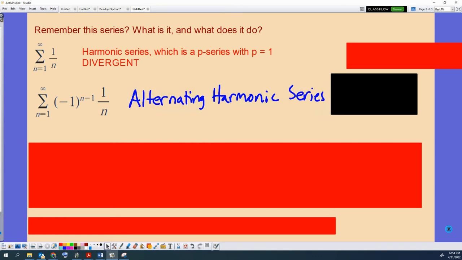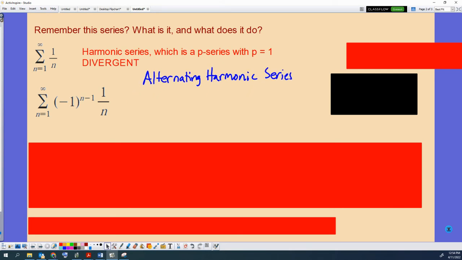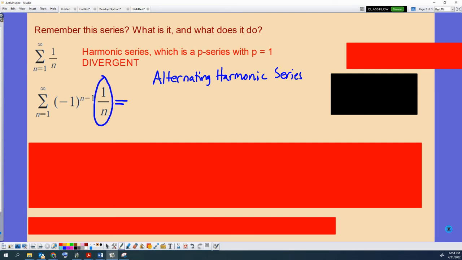Okay, let's take a look at what it means to be an alternating series. First of all, let's start plugging the n values in here. Just like with the harmonic series, it's 1 plus 1/2 plus 1/3 plus 1/4. These are still going to have those same magnitudes, but now this alternating factor will multiply every other term by either -1 or +1, which makes every term switch signs.